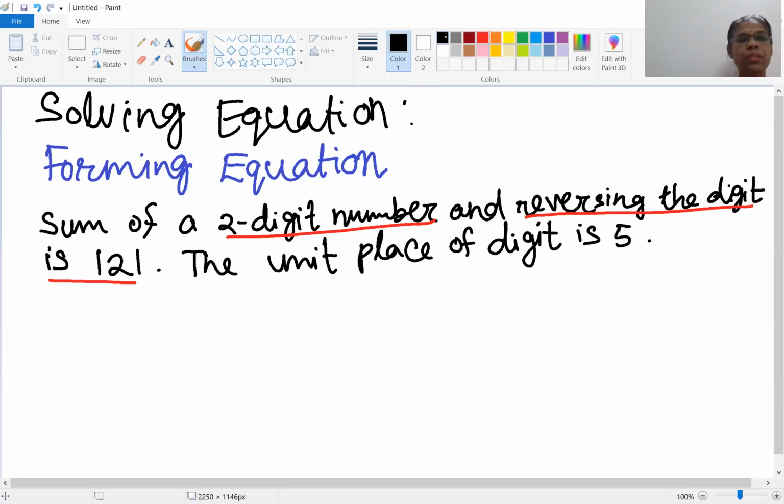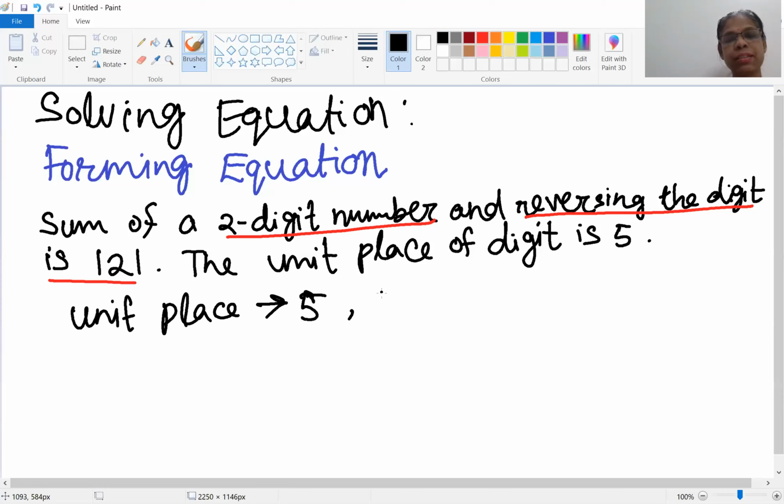They have given the unit place of the digit, which is 5. Then what can be my 10th place?